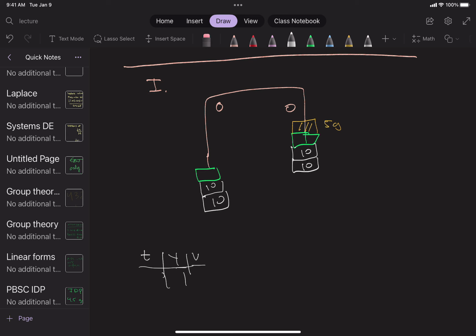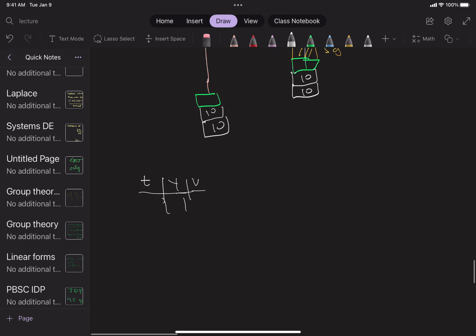So for part one, there is a constant mass difference between the masses: the descending mass is always going to be 5 grams heavier than the ascending mass. So that's the setup for part one.